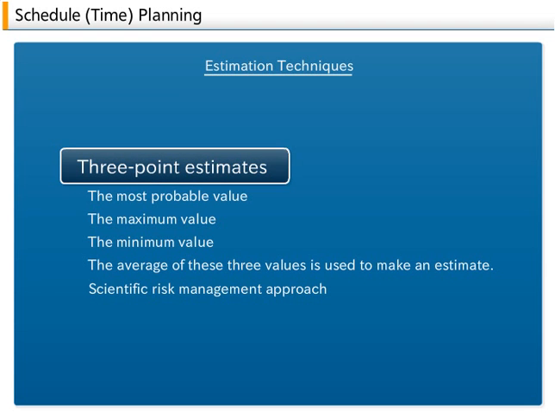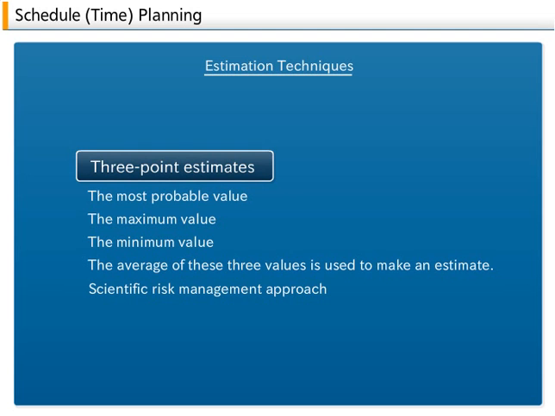Two. 3-point estimates. In 3-point estimation, the most probable value (standard value, mode value), as well as the maximum value (worst case) and minimum value (best case), are determined, and the average of these three values is used to make an estimate. Here, there are two methods of making the 3-point estimate.